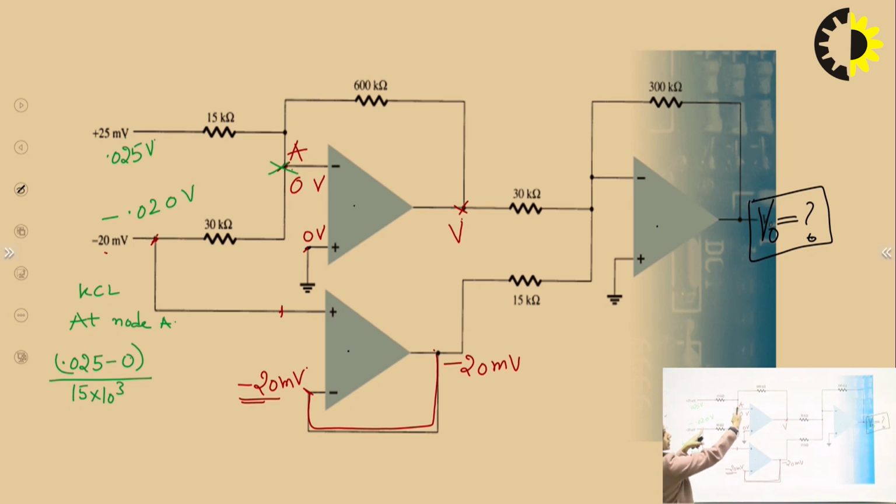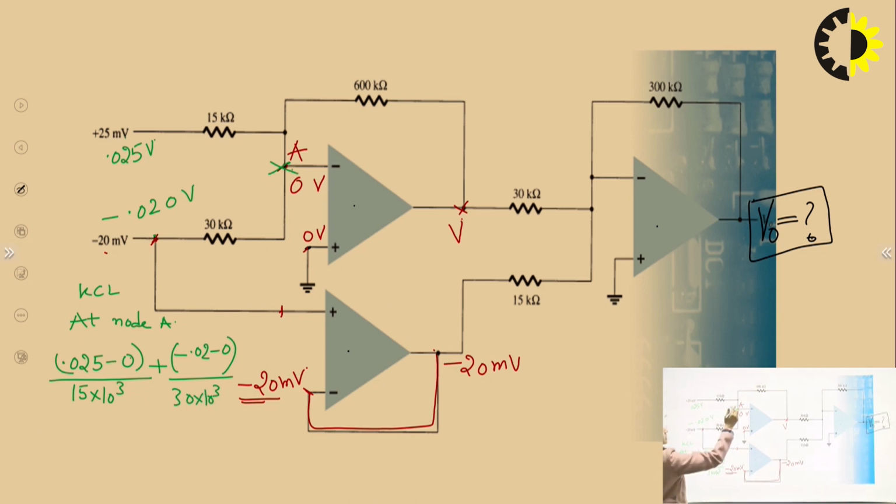Similarly, at this point there is one resistance, so I apply the same: minus 0.02 minus 0 upon 30, plus minus 0.02 minus 0 upon 30 into 10 raised to the power 3.